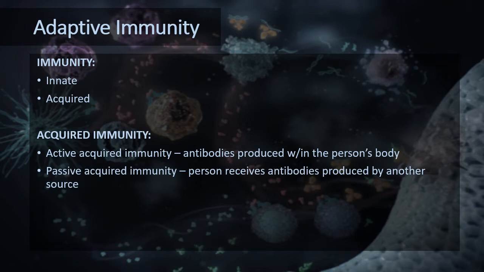This is through the stimulation of the immune system, either by natural infection or the administration of a vaccine. While passive acquired immunity is where the person receives antibodies that are produced by another source. Maybe it came from another person or an animal.